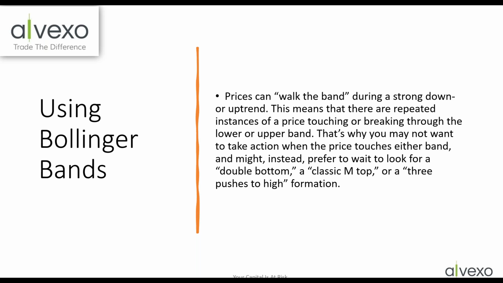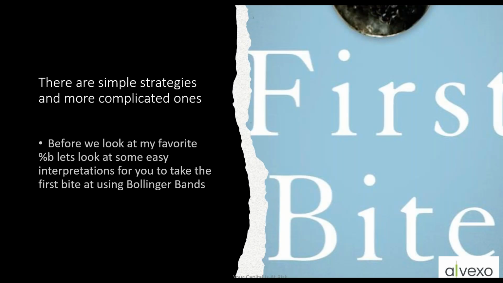This means that there is a repeated instance of price touching or breaking through the upper or the lower band. And that's why you may not want to take action when the price touches either band and might instead prefer to wait for a double bottom or a double top. This is why we constantly watch for the rejection of the upper or the lower band. But until it breaks the moving average, it really hasn't told you anything.